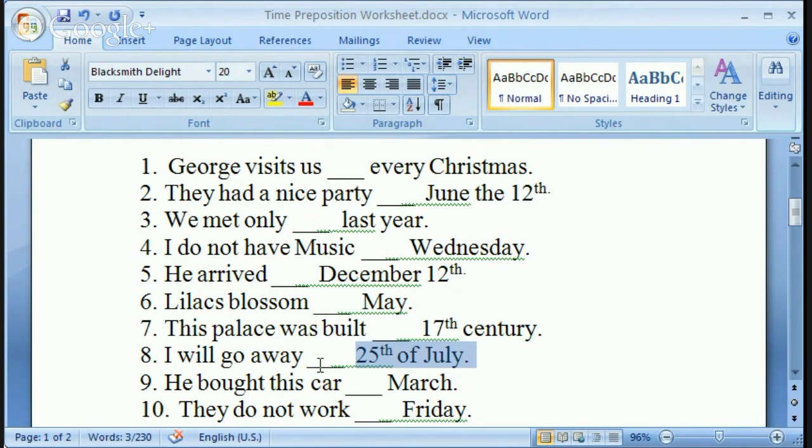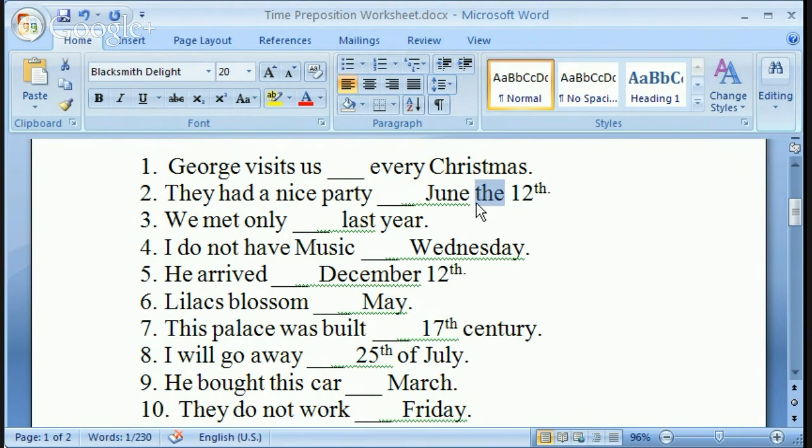On the 25th of July. It's a little tricky with the article the. This specific article the. Giving a date. June the 12th, June 12th. Either one is okay. So, I don't know why.